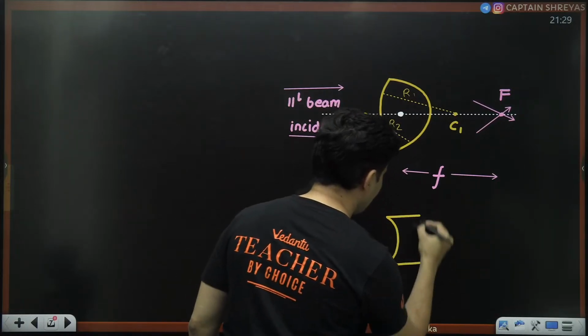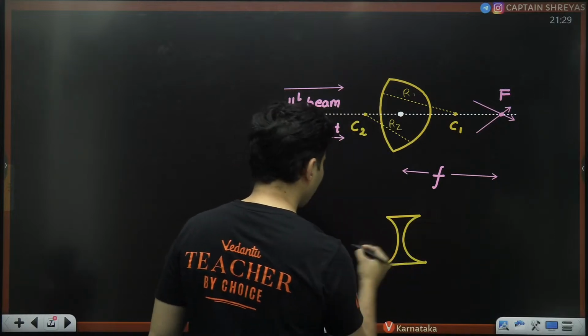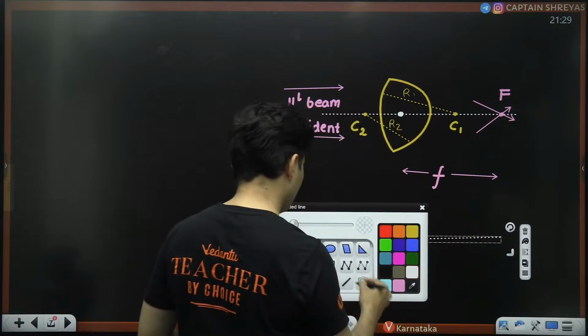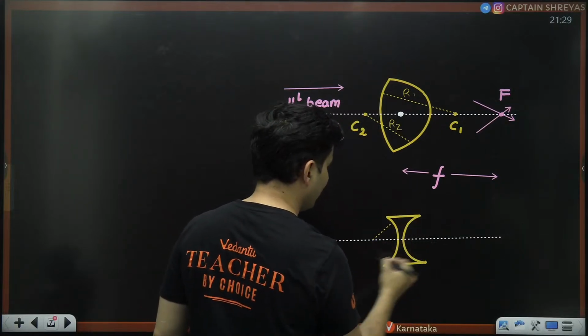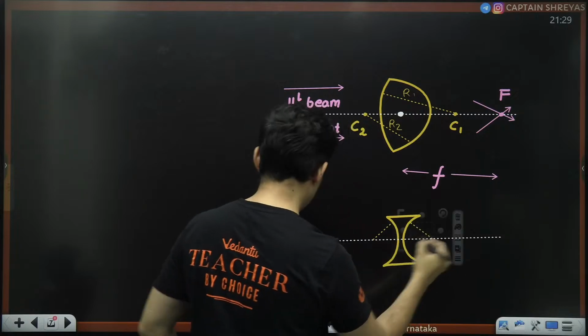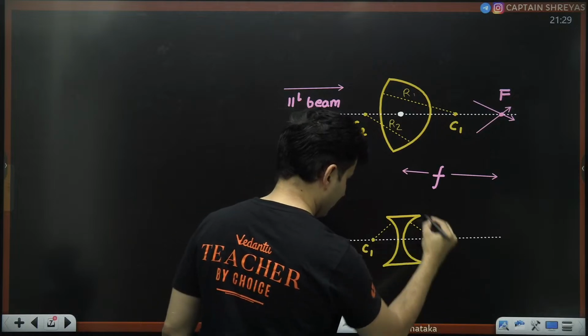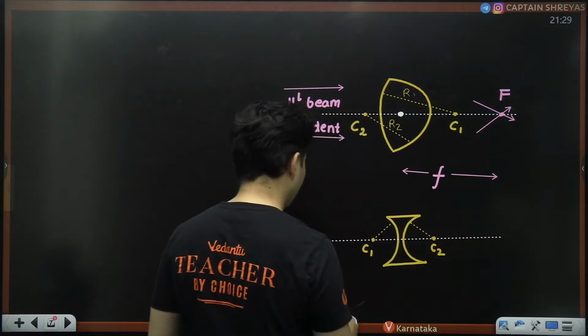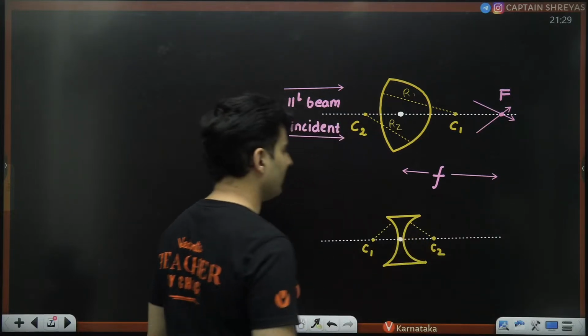So this is one surface. This is, let's say, another surface, and this is obviously your principal axis. Then this would be one radius, this would be another radius. In that case, this is the first surface's center, this is the second surface's center, so that is C2, and obviously the pole will be somewhere over here.